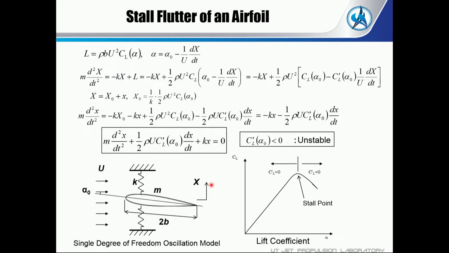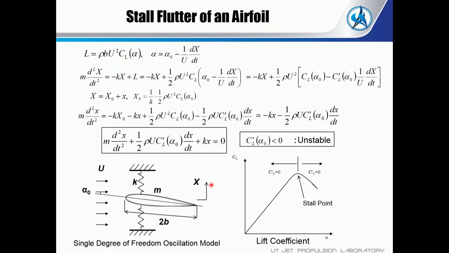What is stall flutter? This was explained by Professor Maiti on Monday already, but I repeat it very briefly. It's a simpler case than Professor Maiti's explanation. It's a 1 degree of freedom oscillation model.